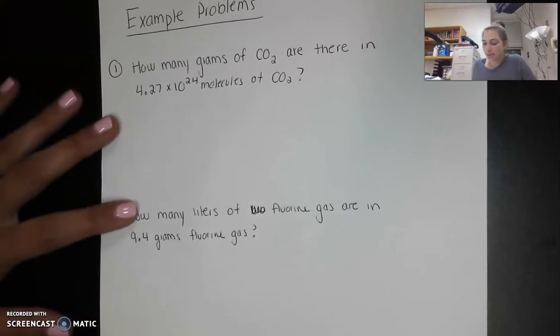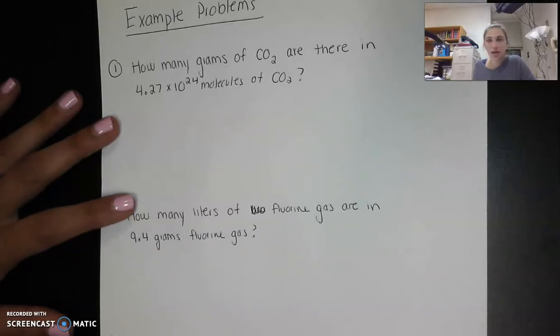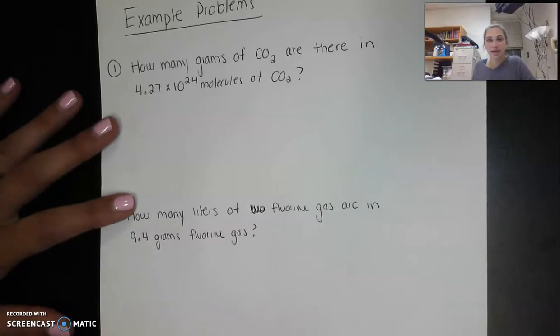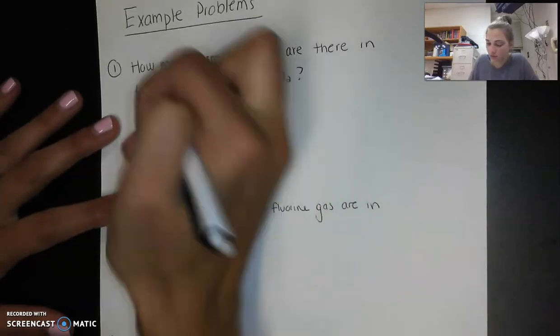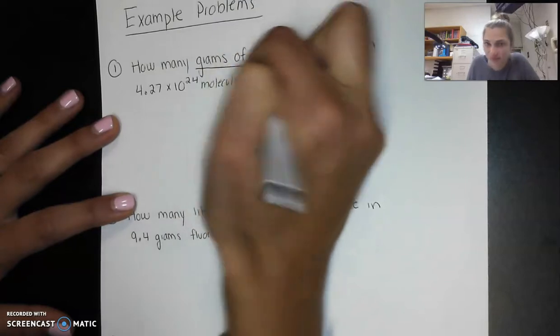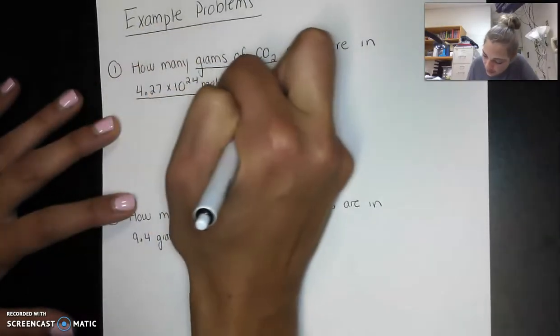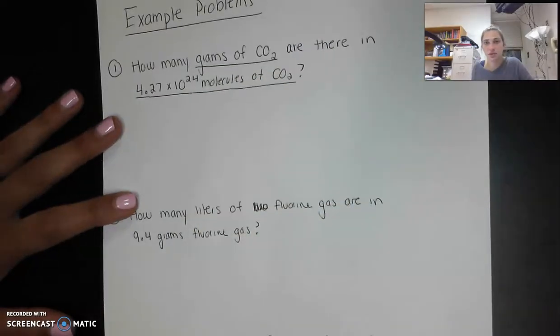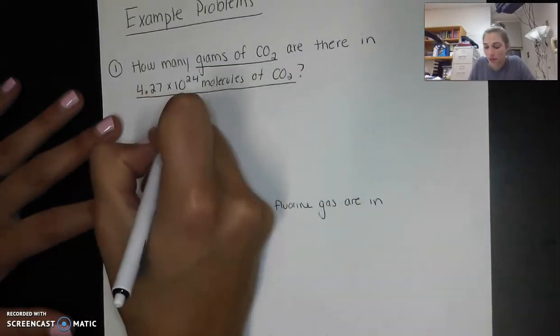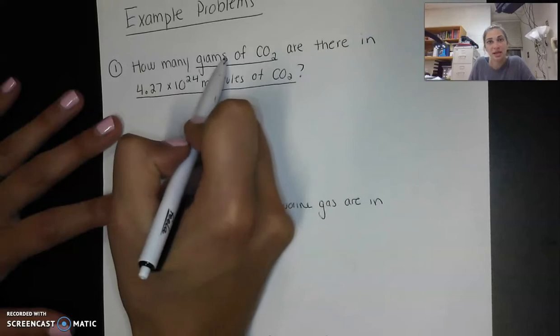All right, so number one says, how many grams of CO2 are there in 4.27 times 10 to the 24th molecules of CO2? So what we have to do first is figure out what we're being asked for and what we're being given. We always start with the number that's given to us, and then we're getting to our new units.